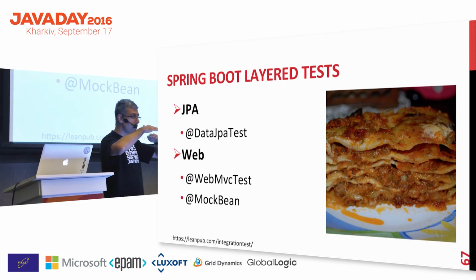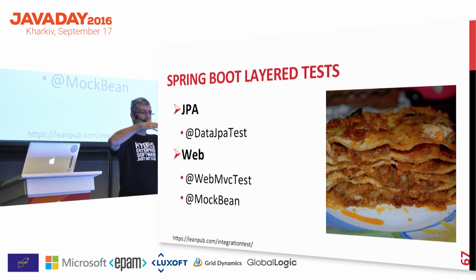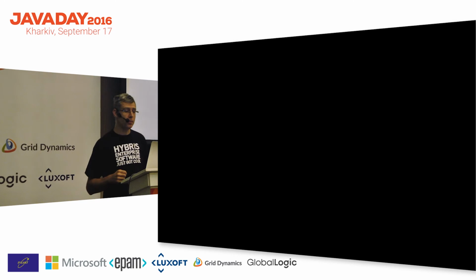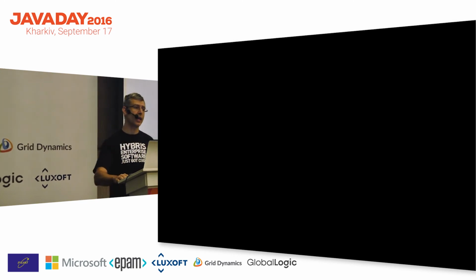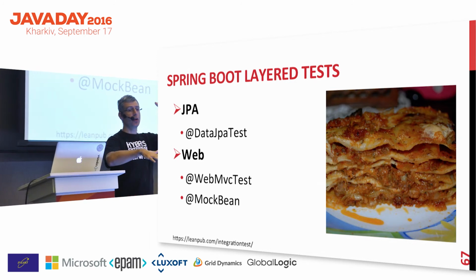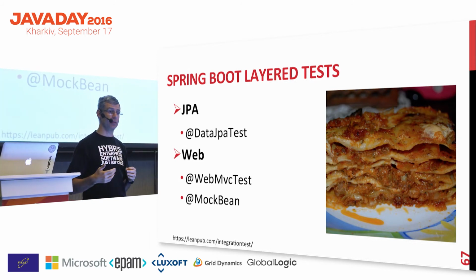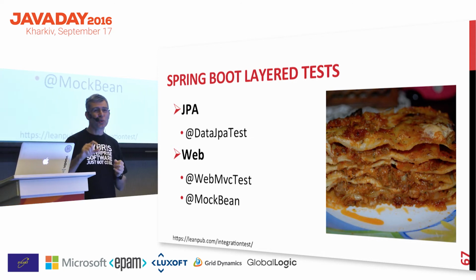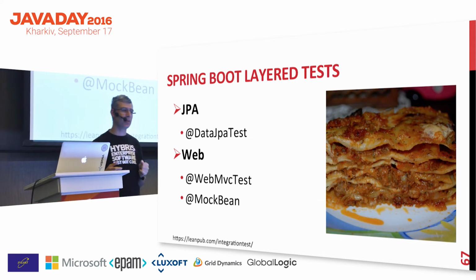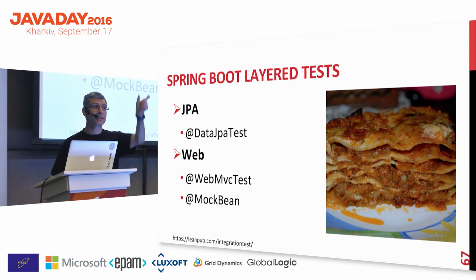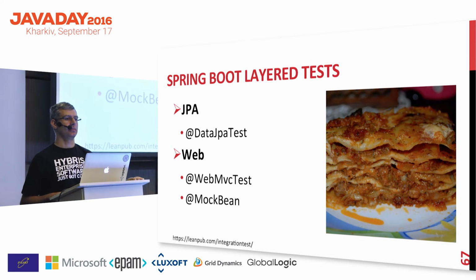Then you will stop at the web layer. On the opposite side, you can use the same approach with DataJpaTest, and an H2 database instance will be automatically configured. So you can really test layer by layer, which is not really unit testing, but the start of integration testing. However, it doesn't help you with testing a slice.